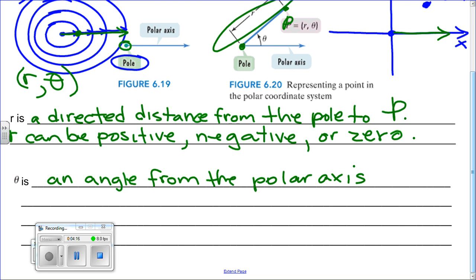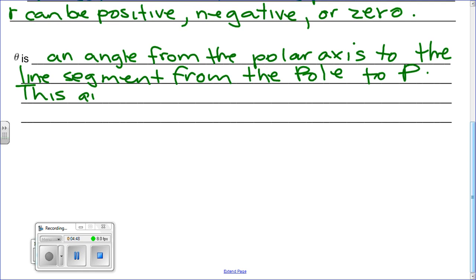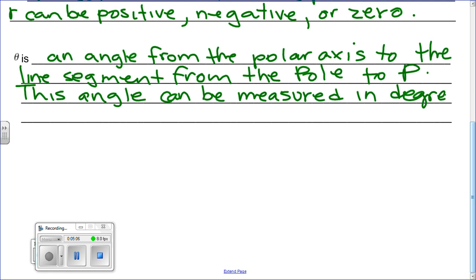From the polar axis to the line segment from the pole to the point P. And this angle can be measured in degrees or radians.